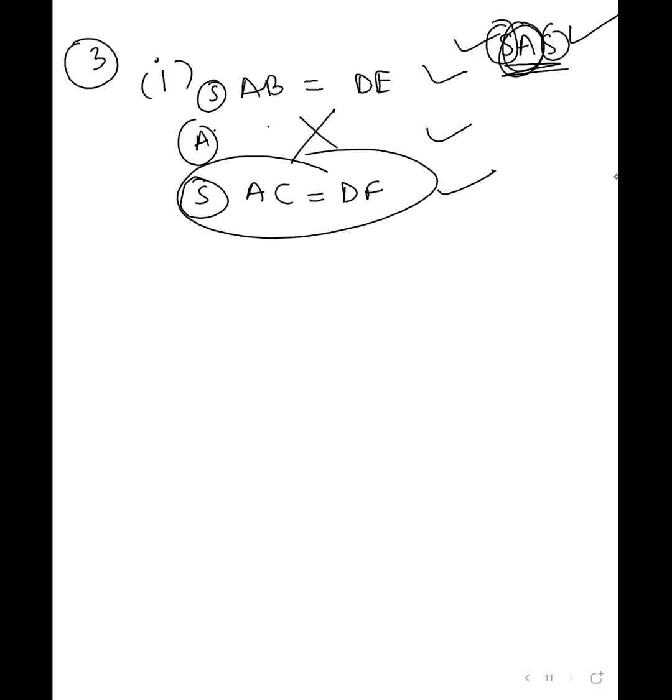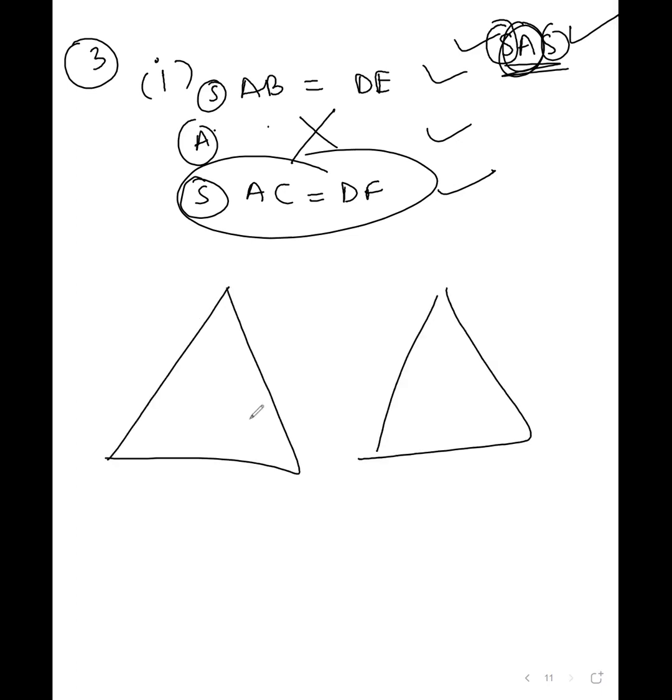Okay, understood now. So let's say if you have two triangles like this, this side is equal to this side. And even this angle is equal to this angle. But this side and this side are different.